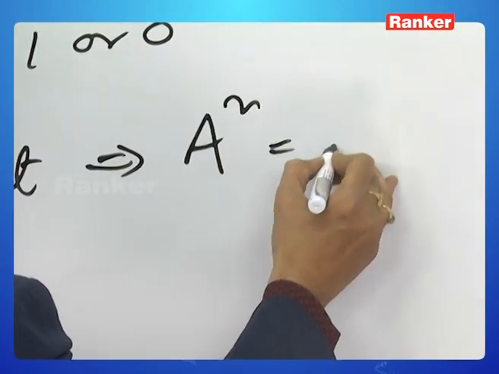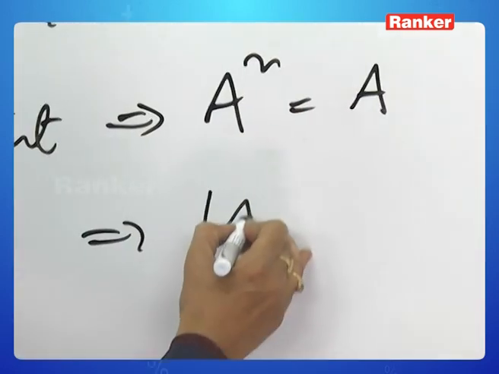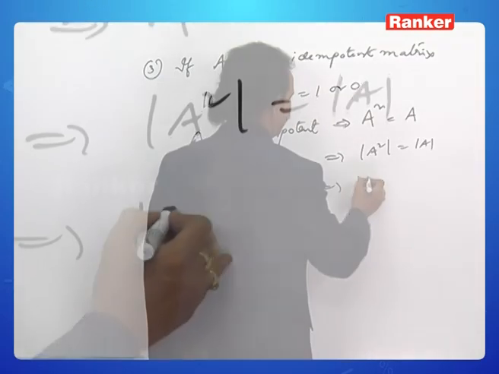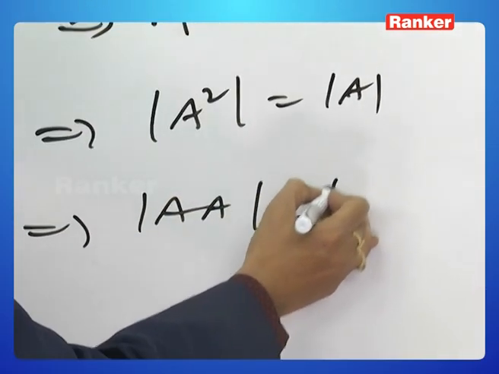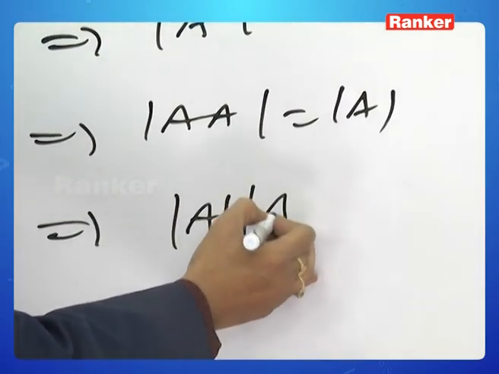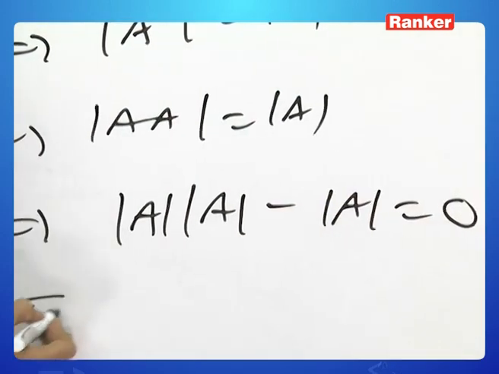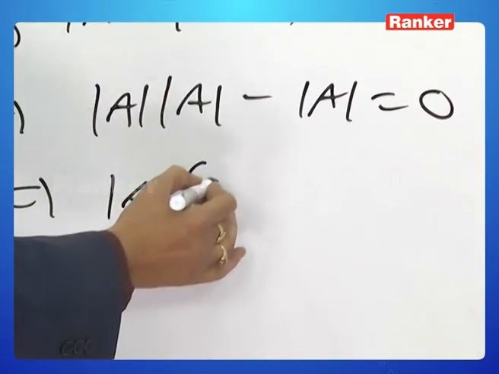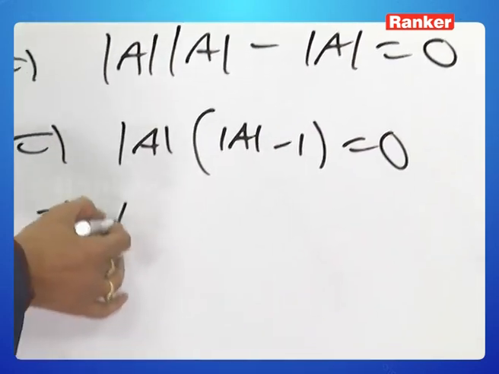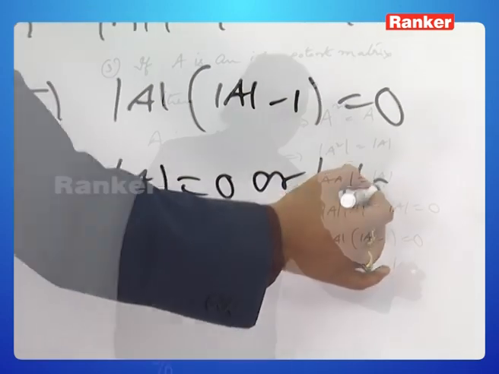A square is equal to A. That is, A into A is equal to A. If you take A as a common factor, det A into (det A minus 1) is equal to 0. Therefore, det A is equal to 0 or det A is equal to 1.